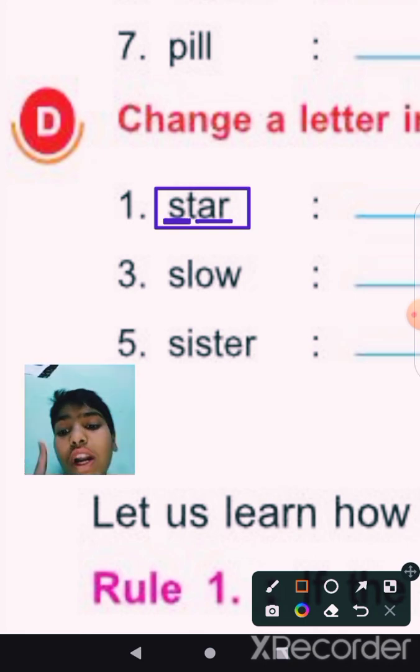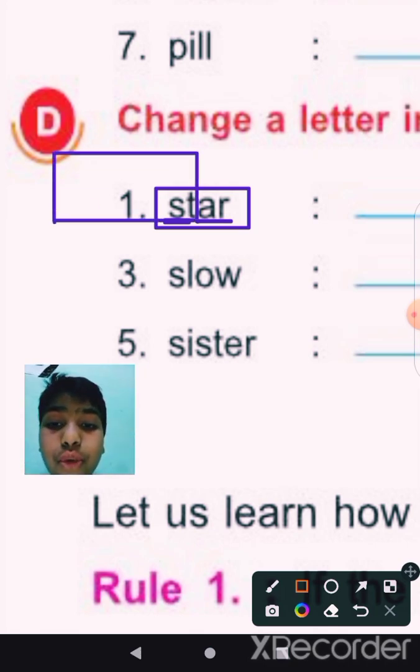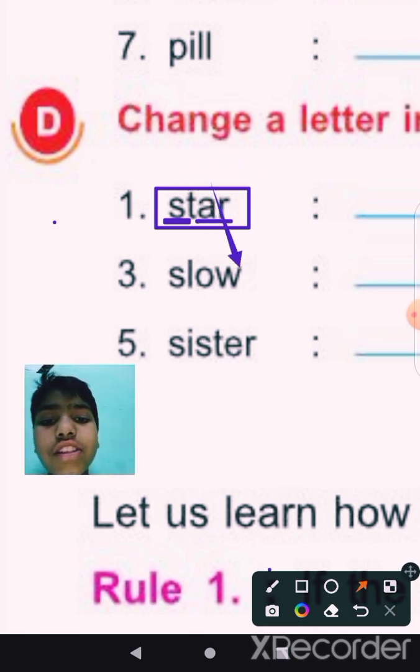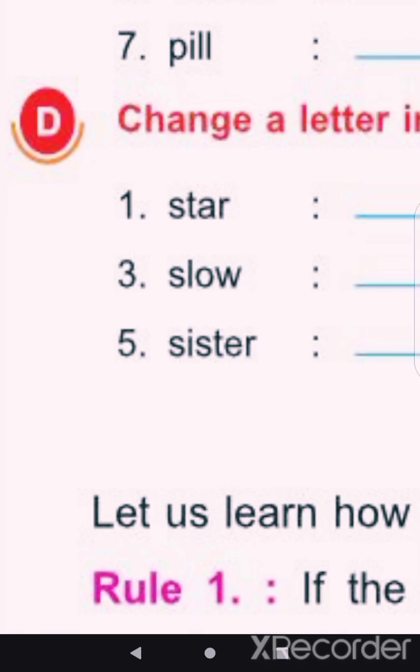Only one letter you have to remove. So see what you will do in the first question: let's put T instead of R. It will be tsar. It doesn't have any meaning. Again, we will go from A to T. Then check for the last word to go to the first. It will be rats. Like that.